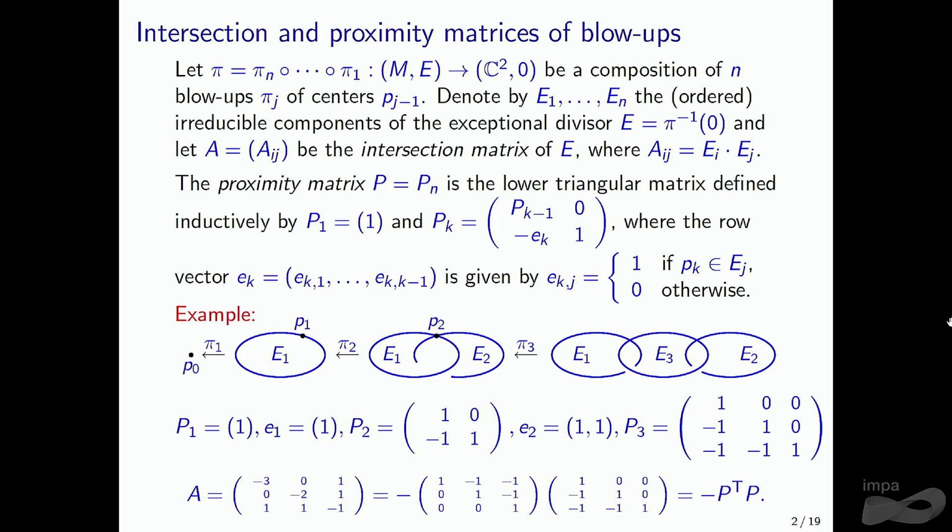So let us illustrate this with one example. We blow up the origin, P0. We obtain an exceptional divisor E1, which is a P1. And in this P1, we fix a point, P1. Then the first proximity matrix is just the number 1.